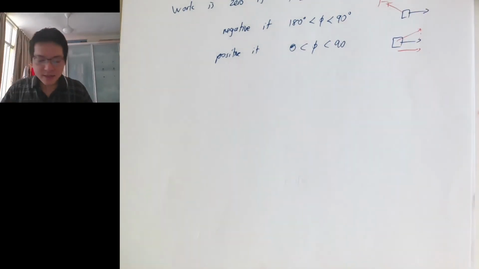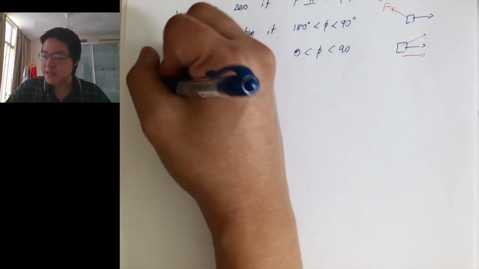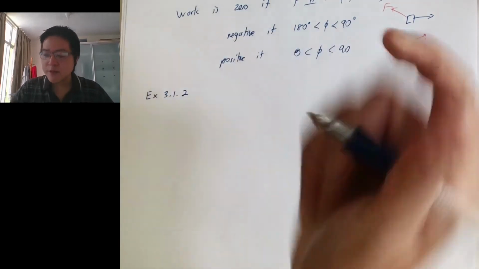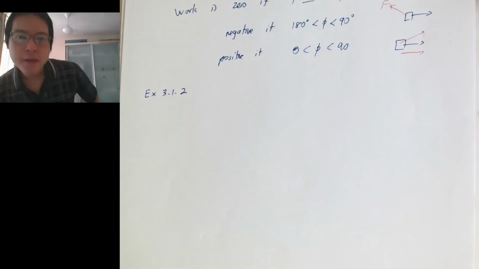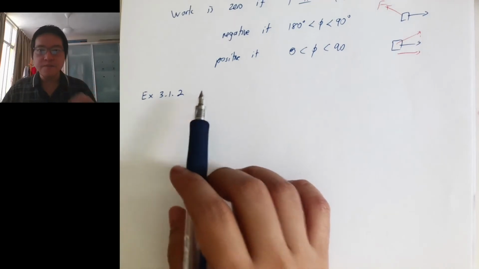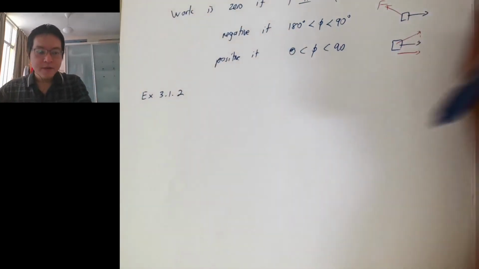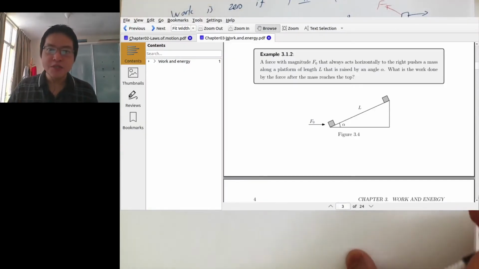Let's see how to apply our formula with a very, very simple example. This is an extremely simple example, but I'm going to come back to this to show you two different methods of calculating work done. A force with magnitude F naught horizontally to the right pushes a mass up a platform.